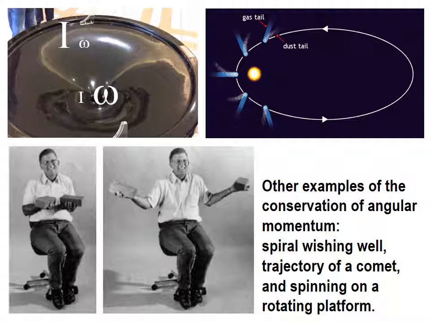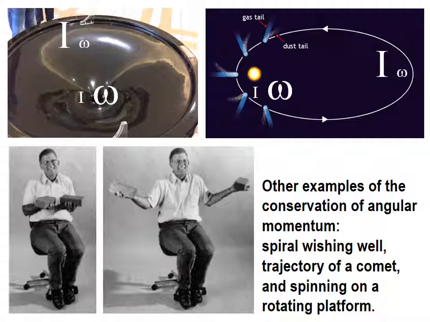Same thing with comets going around, let's say, the sun. When the comet is far away from the sun, you can consider it to be a point mass, and it has a rather large radius from the sun, so its moment of inertia is quite large, which means its rotational speed must be rather small.